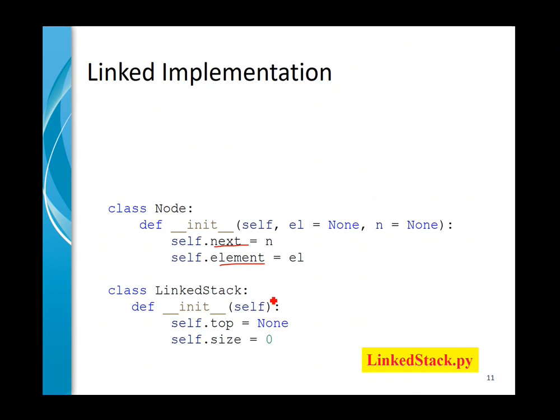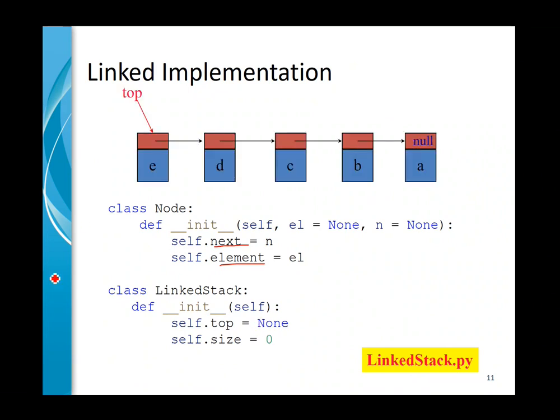Then we have the structure LinkStack, and the first one is the top, which is the pointer initially pointing at nothing because there are no nodes in the chain at first. But when we add some nodes, the top will be pointing at the first one.